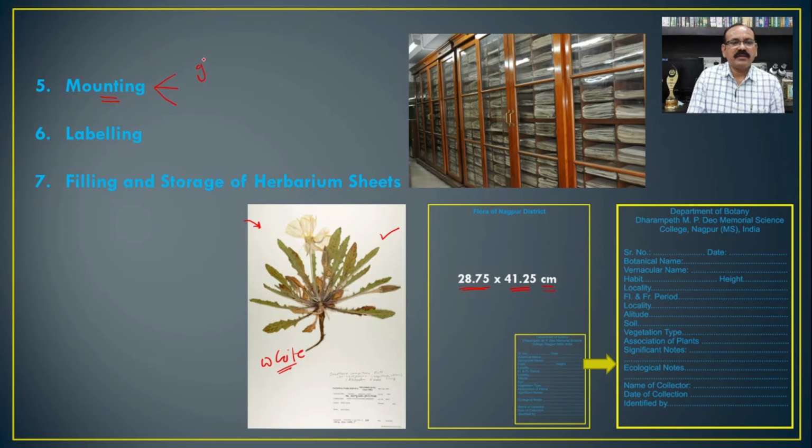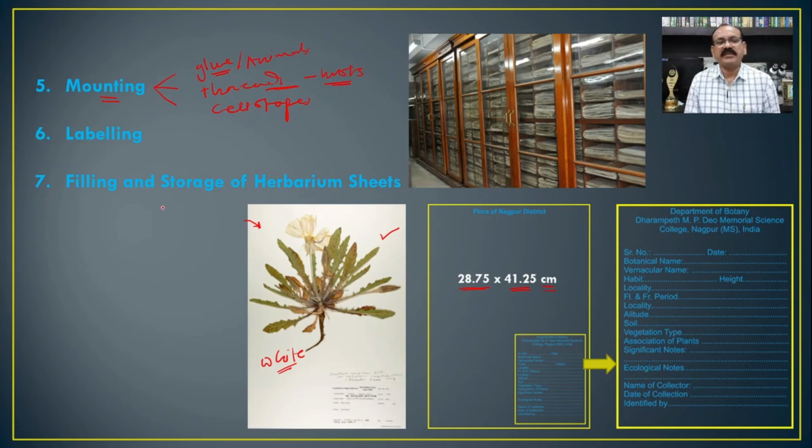Simply, we can use synthetic glue or glue obtained from animals. Even this can be tied with the help of threads, or it can be attached to the herbarium sheet with the help of sellotapes. If we are using the threads, the knots of the thread should be on the back side of the herbarium sheet.